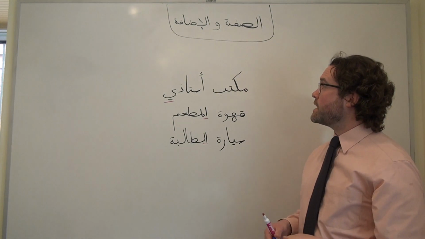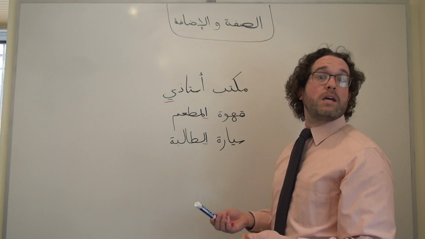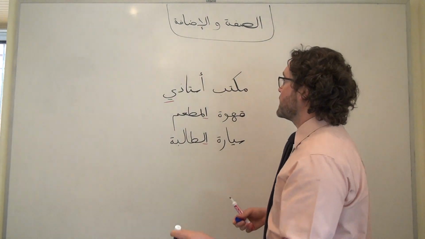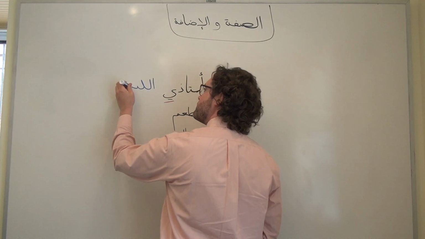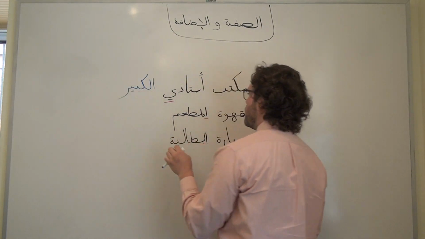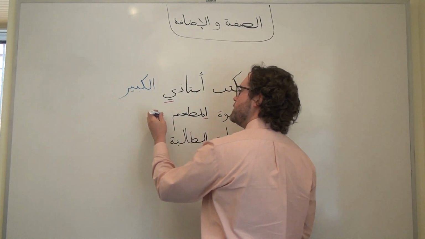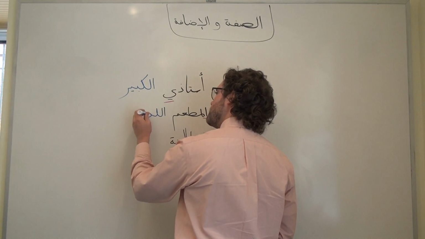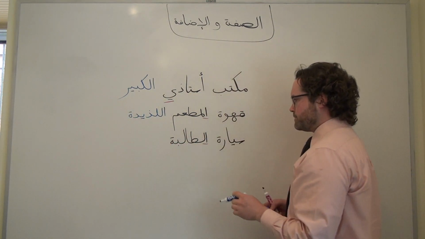So if we wanted to say, my professor's big office, the big office of my professor, we would say, مكتب أستاذي الكبير. Or the restaurant's delicious coffee, قهوة المطعم اللذيذة.